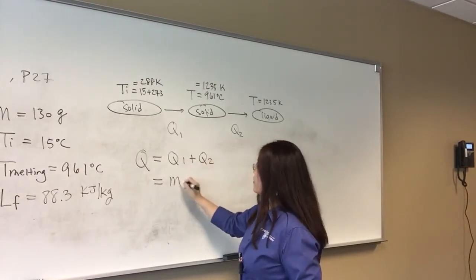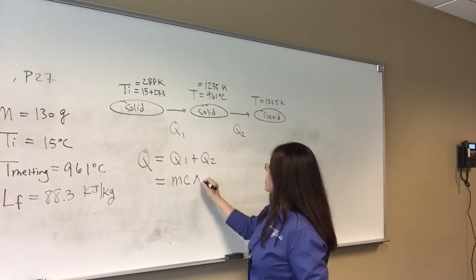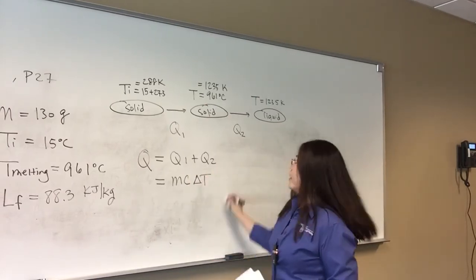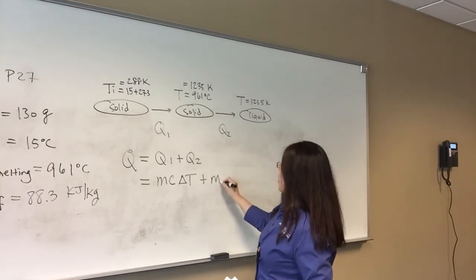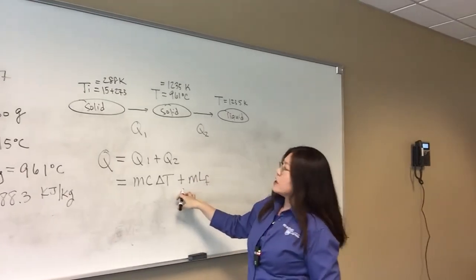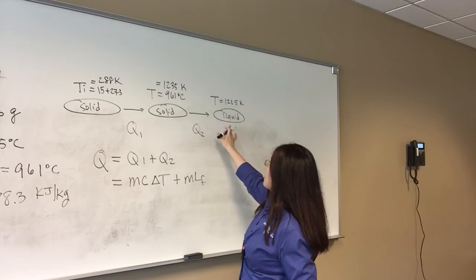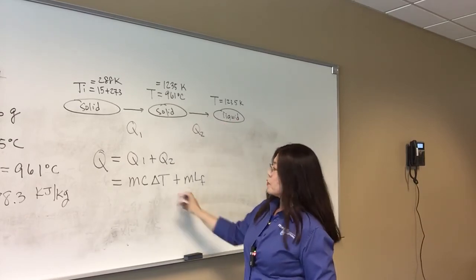So you have the mass of the silver, specific heat of silver, times the change in temperature, and then plus the heat of fusion. The heat of fusion will be the mass of the silver times the LF. And I use the plus sign because going from solid to liquid requires a lot more energy. So you need to use plus.